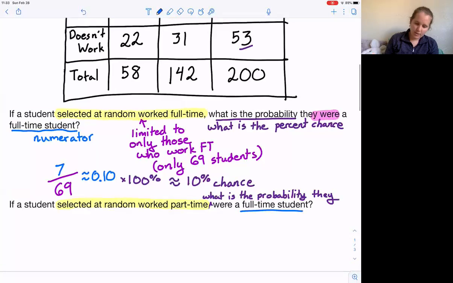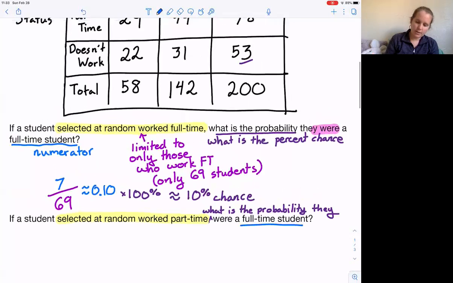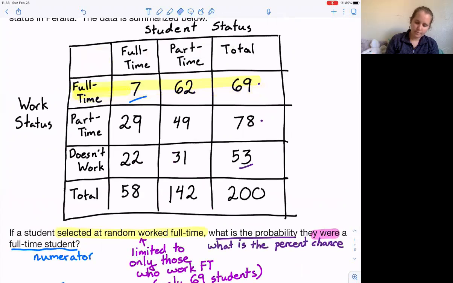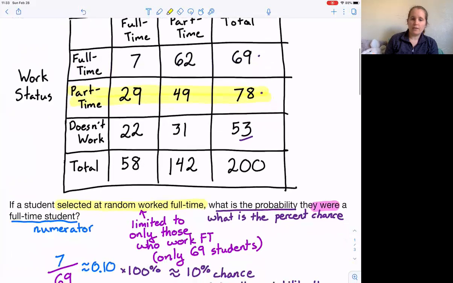So limiting ourselves to those that worked part-time, we are now looking at this next row, only considering those who worked part-time. We now are looking at a total of 78 students, out of whom 29 were full-time students.